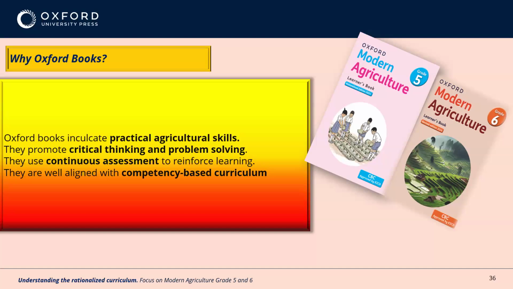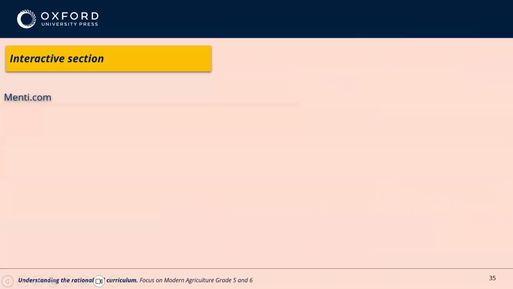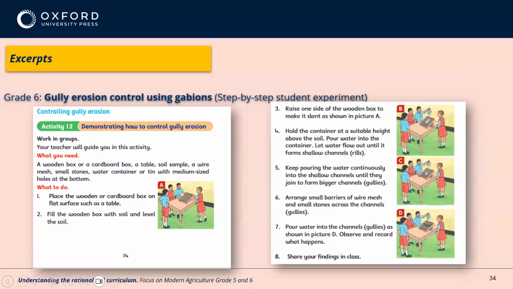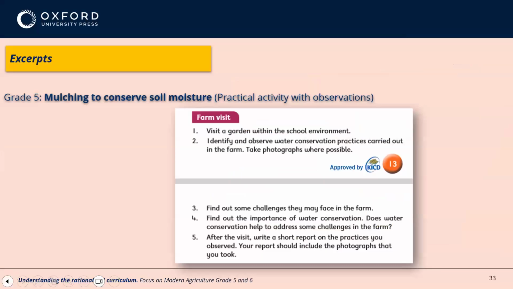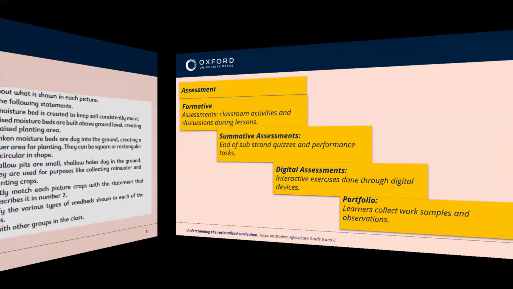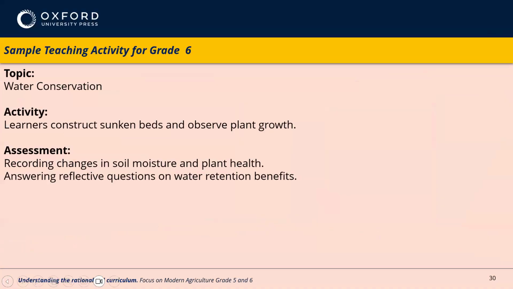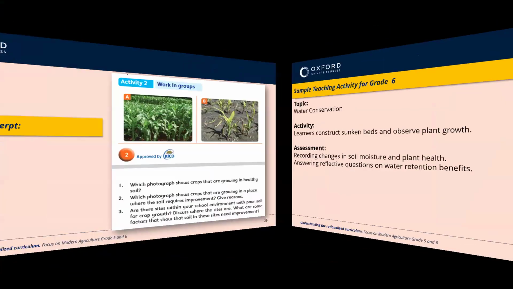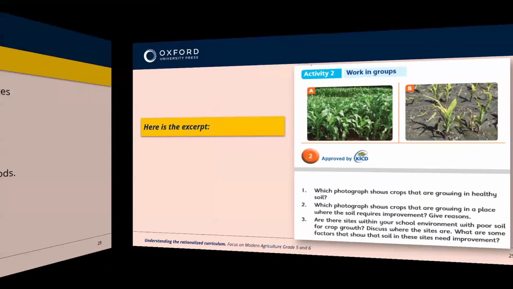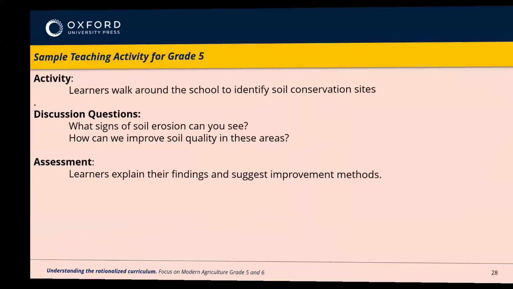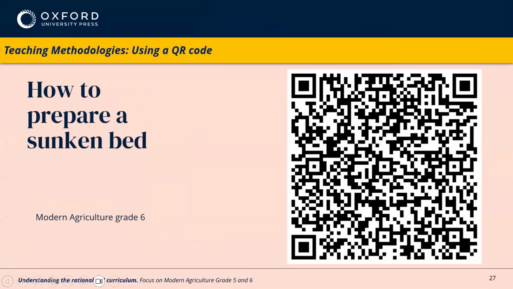So in timetabling, even previously in the 8-4-4 system, we had the same issue where we had science and agriculture, art and craft and music, and home science and business education. You'll find that the teacher who was good in home science probably was not specialized in teaching business education. So it's an issue of timetabling, and teachers can share the bits in the book that can suit them. I hope I've answered well.